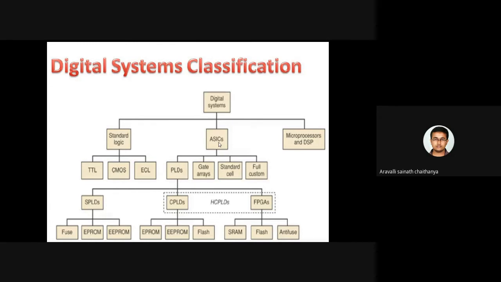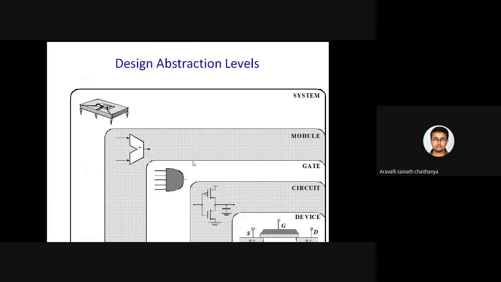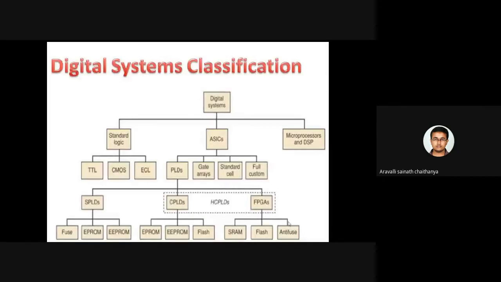And coming to ASIC, we have general purpose ASIC and application specific integrated circuit. I explained the ASIC part. And coming to the standard logic, a digital system is finally realized in terms of transistors. That means this digital system is realized by using transistors of TTL logic, CMOS logic, and ECL logic.